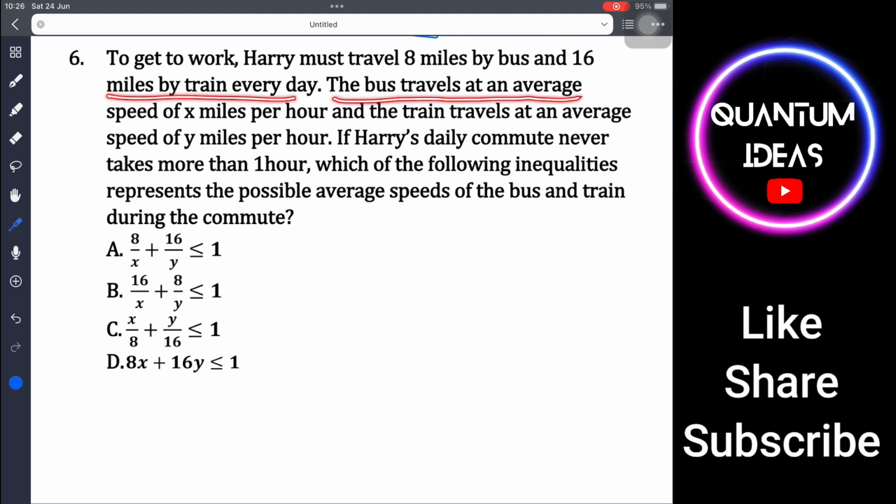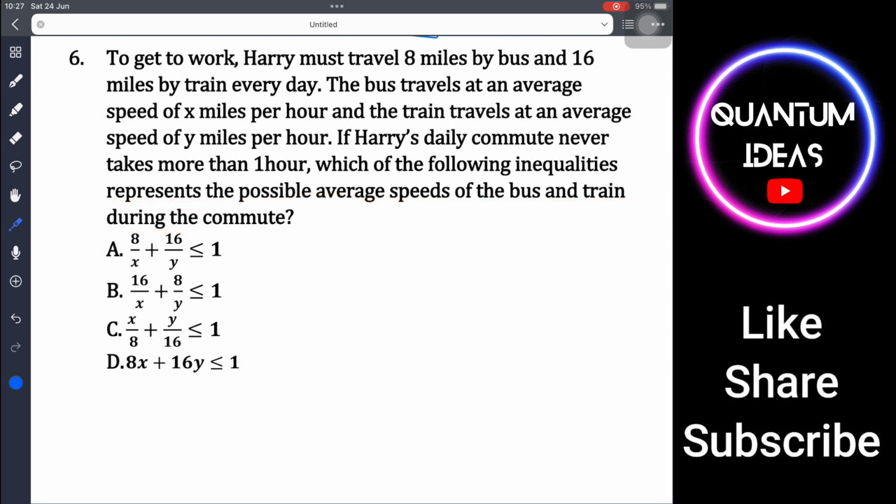The bus travels at an average speed of x miles per hour, and the train travels at an average speed of y miles per hour. If Harry's daily commute never takes more than 1 hour, which of the following inequalities represents the possible average speeds of the bus and train during the commute?